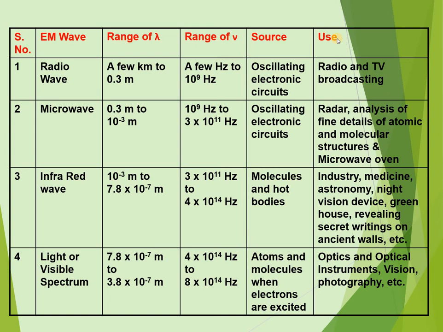They are used in aircraft navigation, in radar, and in the analysis of the fine details of atomic and molecular structure. At your home, you have commonly seen the microwave oven, where they are also used.